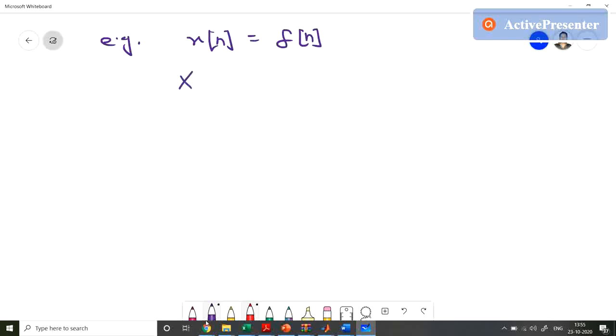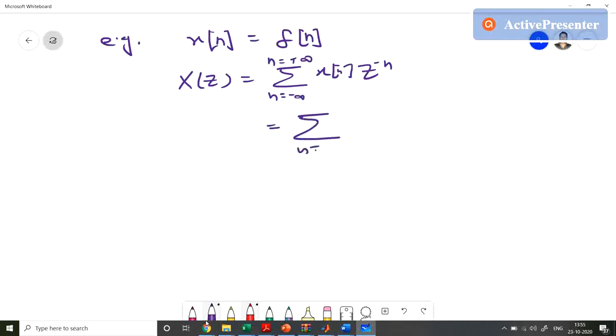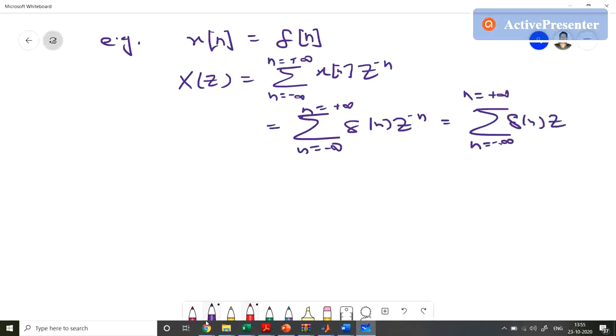X(z) is the summation from n equals minus infinity to plus infinity of x[n] z raised to the power minus n, which equals the summation of del[n] z raised to the power minus n.